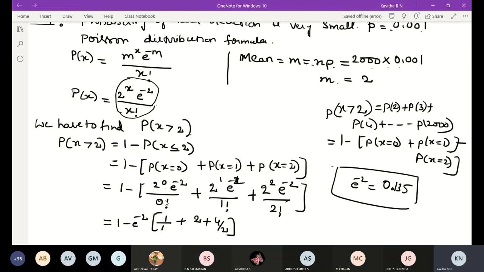Final answer is what? 0.3233. Okay, correct. Then the final answer is here 0.3233. Okay, this is the required answer.